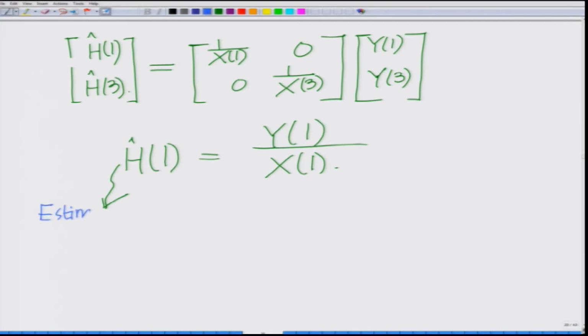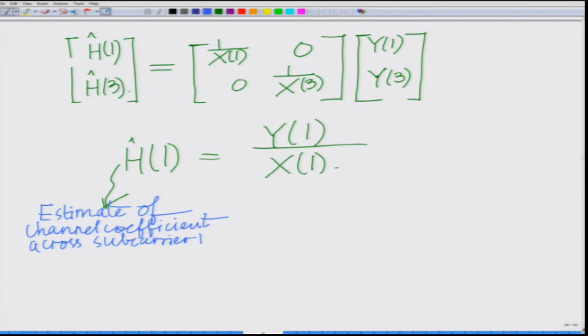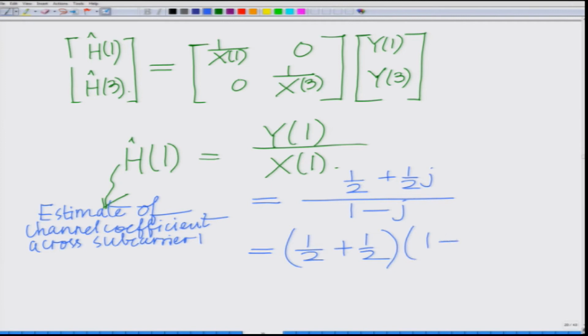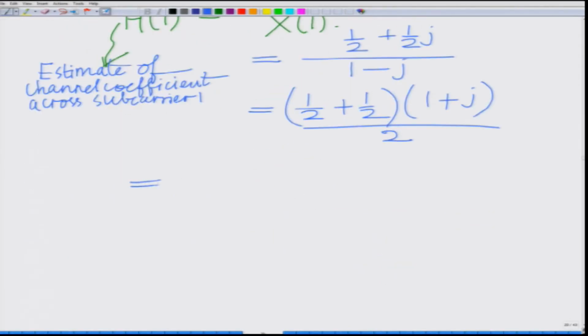What is this? This is the estimate of the channel coefficient across subcarrier 1, and this is equal to half plus half j divided by 1 minus j, which, rewriting it using the properties of complex numbers, is 1 plus j divided by 2 times 1 minus j, which is equal to 1 over 4 times 1 plus j times 1 plus j, which is 1 plus j square, and you can check, this is equal to half j.